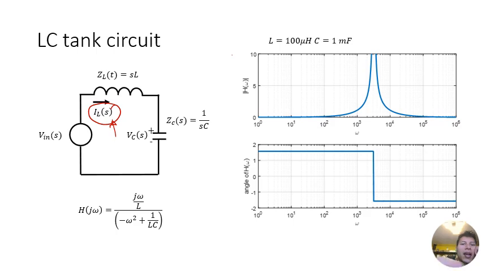So you have V_in of S divided by Z_L plus Z_C equals I_L of S. So the output current is equal to this.